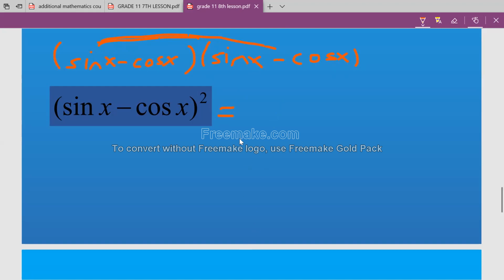But I will do it in a short way. First term squared, what is it? Sine square x, minus, since here is subtraction, 2 times sine x times cosine x, first and second term, and plus the square of the second term. What is it? Cosine square x.